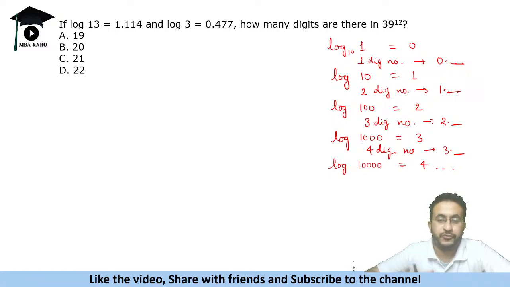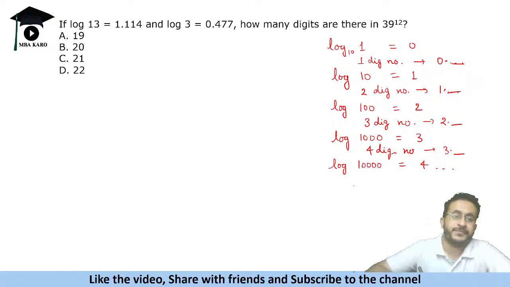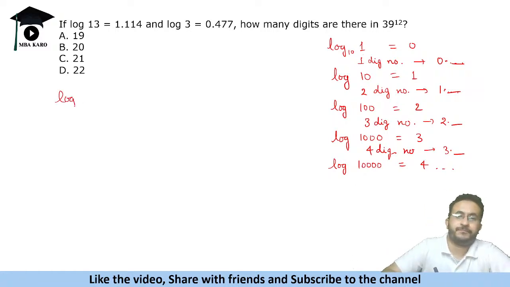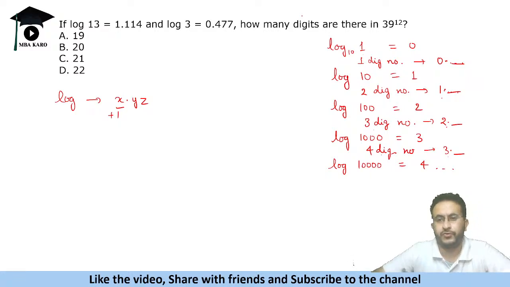So if you have to find the number of digits, find the log. Let us say your value from the log is x point y z. So x plus 1 is the number of digits. So here 3 point something means 4 digits, 2 point something 3 digits, 1 point something 2 digits. So find log of this expression.